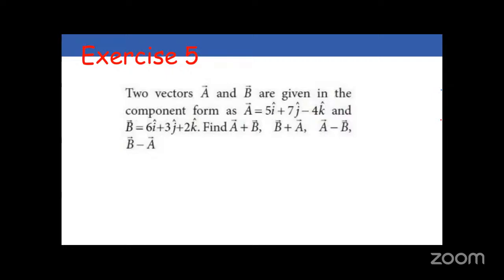Right, so what is A plus B? Vector A plus vector B. Now remember, when you are adding two vectors, you add them by their similar components. So you add i and i, j and j, k and k. If you want to subtract, you do the same thing. i and i, j and j, k and k.